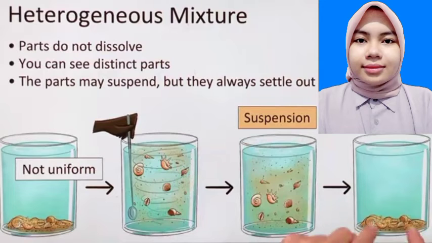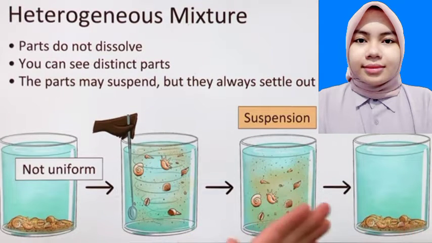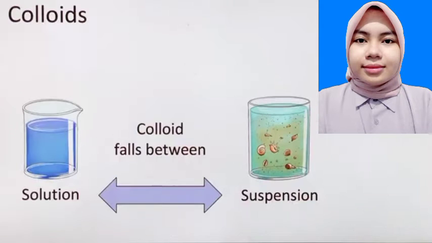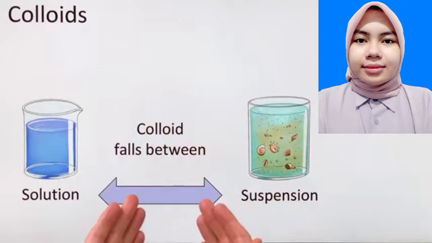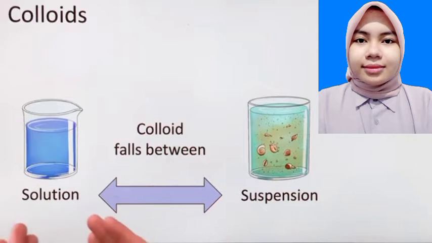They make what is called a suspension, but the parts always settle back out again. And the particles here are relatively big. You can see them. So a colloid falls somewhere between a solution and a heterogeneous suspension.